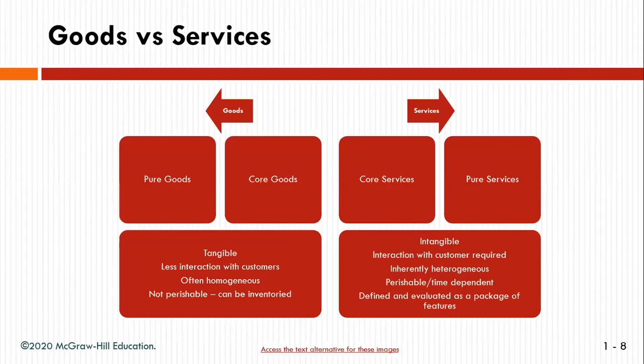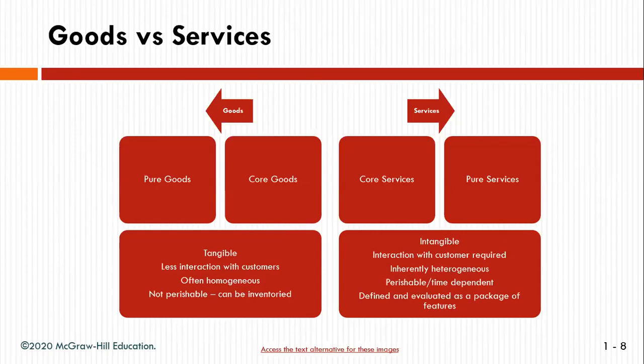And there is something in the middle, which is basically delivering a good and, to make it more competitive, adding some kind of a service to it. Then there is the other side, where it is a pure service, and to make it competitive, you add some product or deliver a product in order to really deliver the service.